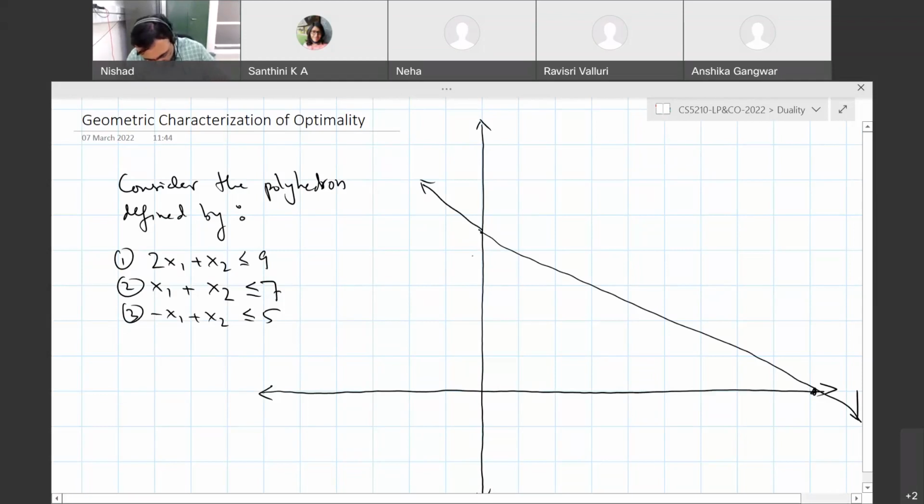The next one is x1 plus x2 less than or equal to 7, so that's going to be this point and 5, 6, 7 here.